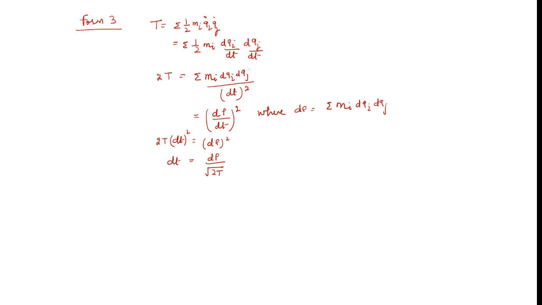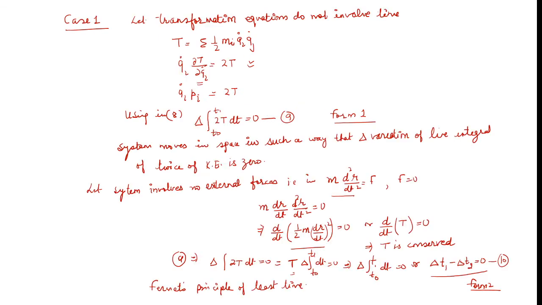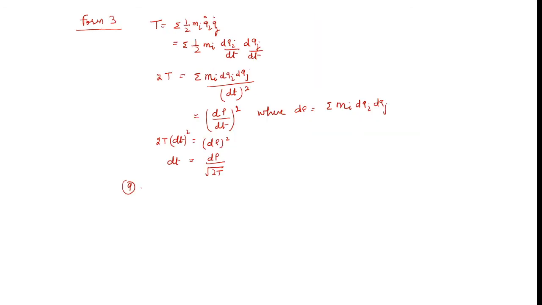Right? So I'll put this expression in this principle, in form 9. So 9 implies delta of the integral from t1 to t2 of twice T, then d rho on root twice T is 0, or delta variation of the integral of root twice T d rho is 0.